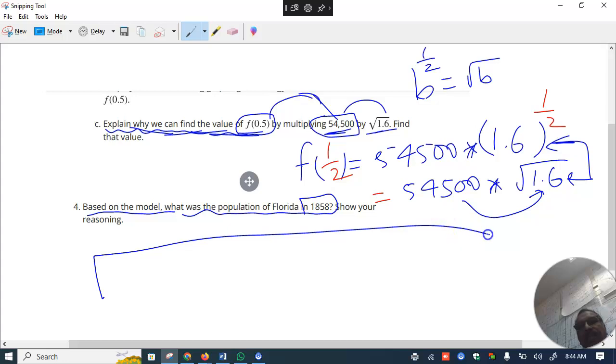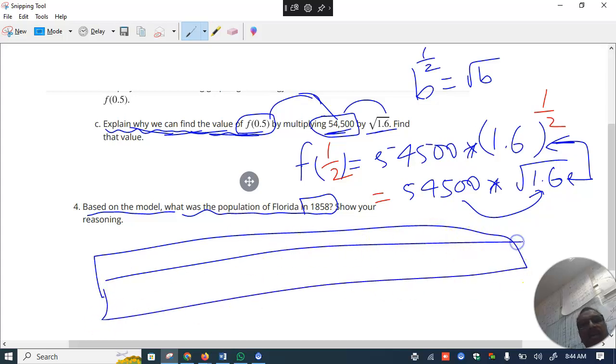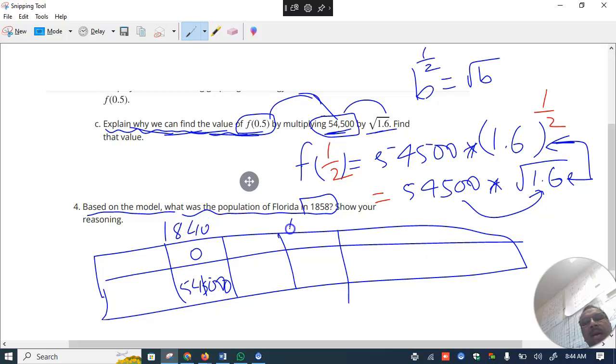Now remember, I remember showing it this way. This is 0. This was 54,000 here. Okay. Then I kept a space here, and then I wrote 1840. Then I wrote 1850. Then I kept room, and then I wrote 1860. So the question is asking, show your reasoning.